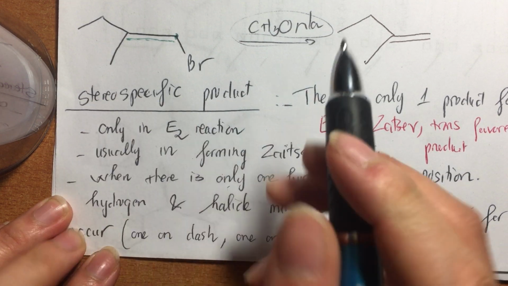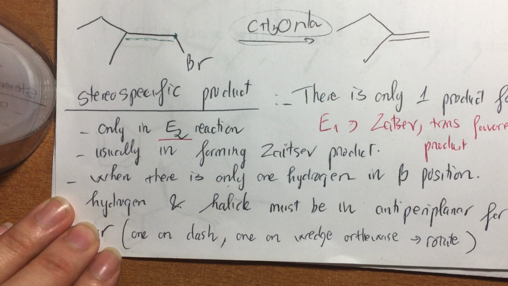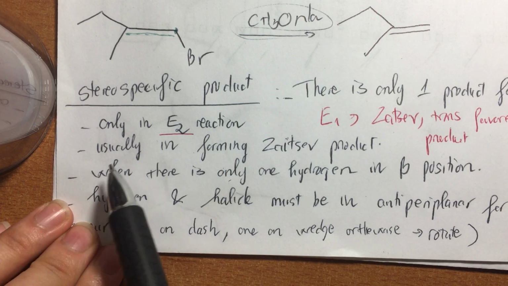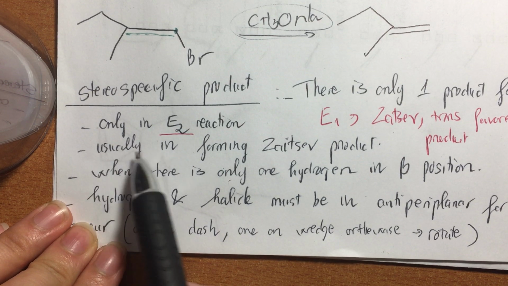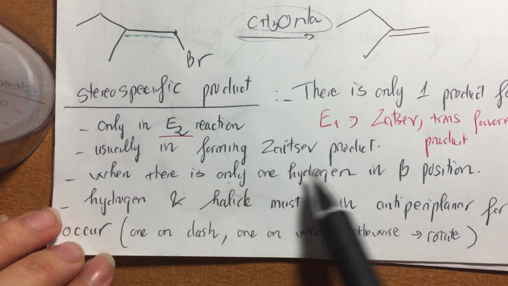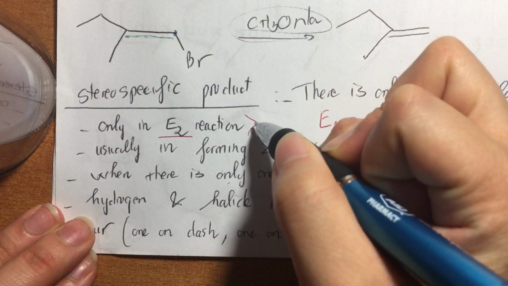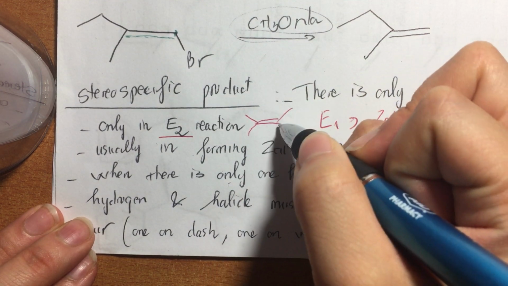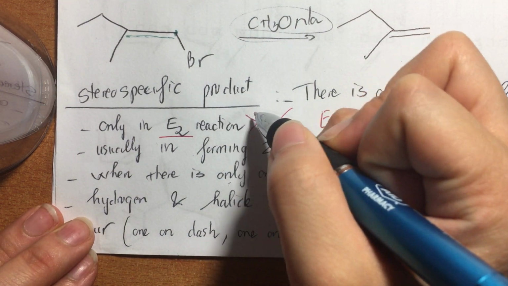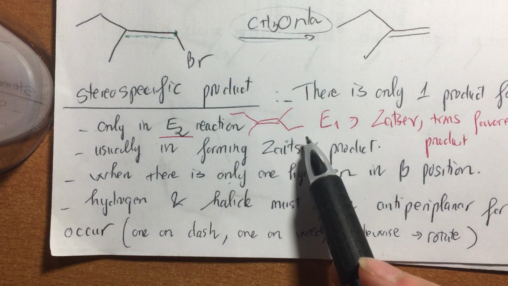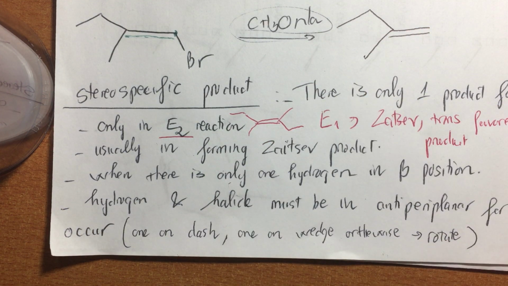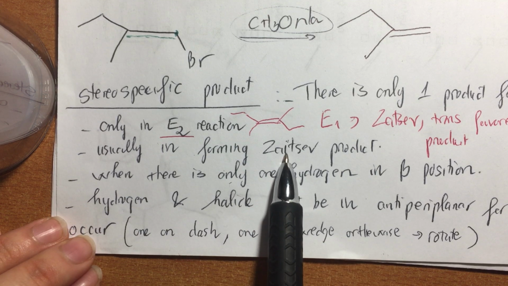So stereospecific product only occurs in E2. Usually in E2 we will form the Zaitsev product, the more substituted one, but in some cases you may still have the Hofmann product.